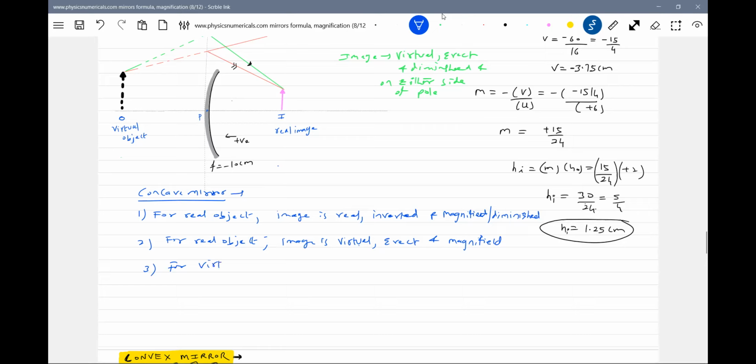For virtual object, image is real, erect, and diminished. So what is not possible? For virtual object, it cannot form virtual image. I think this is very, very important.